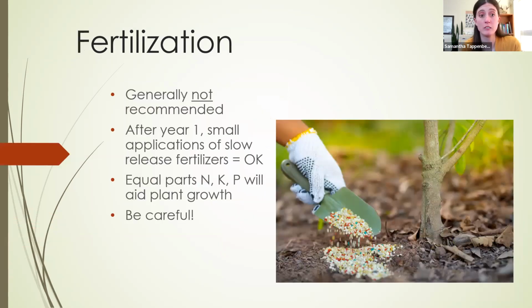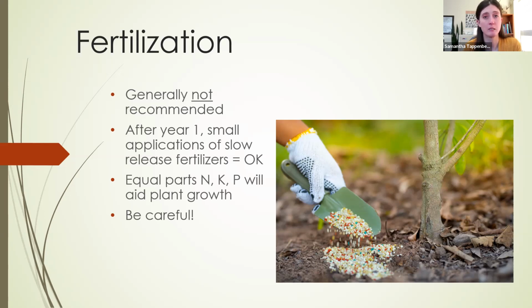All right, when it comes to fertilization, generally it's considered unnecessary and not recommended. After the first year, you can do small applications of slow release fertilizers with equal parts nitrogen, potassium, and phosphorus. That can help aid in plant growth. I really urge caution on this, though. Fertilizers are powerful chemicals.